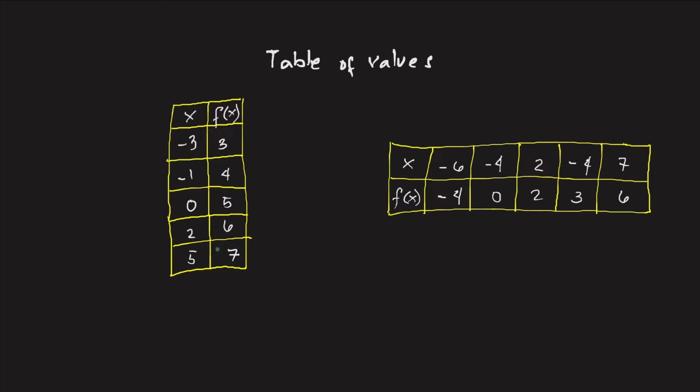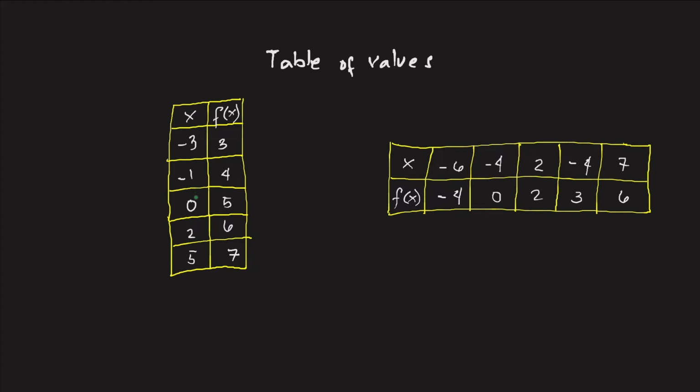Now, let's observe the first table where the values are written vertically. We see that each element in the domain is mapped only once. Okay, you see negative 3 appears once in the list of elements in the domain.